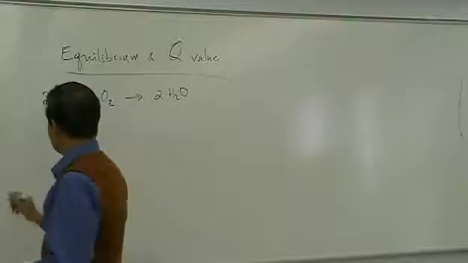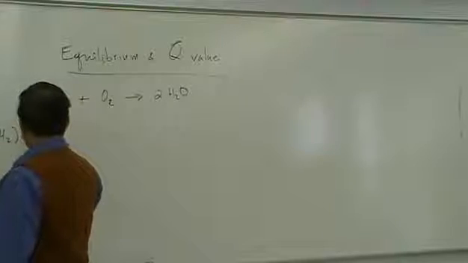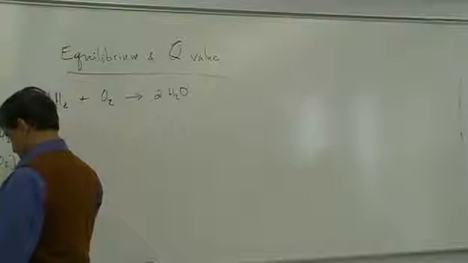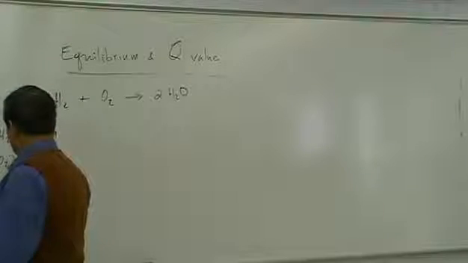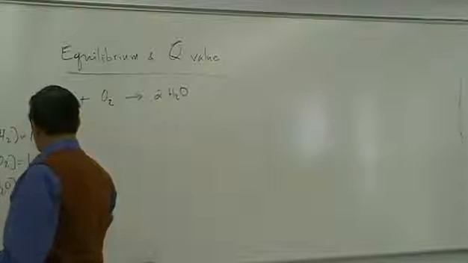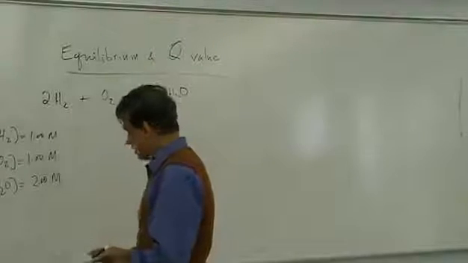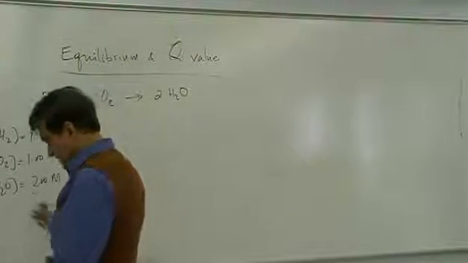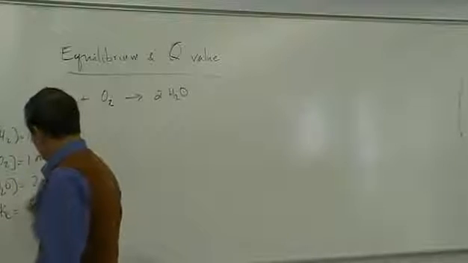And let's assume that I have hydrogen concentration of 1.00 molar, oxygen concentration of 1.00 molar, and water concentration, these are all gas phase, 2.00 moles per liter. Now the question is, with these concentrations, is it going to be in equilibrium? I give you a Kc value, which is the equilibrium constant value, equal to 3.